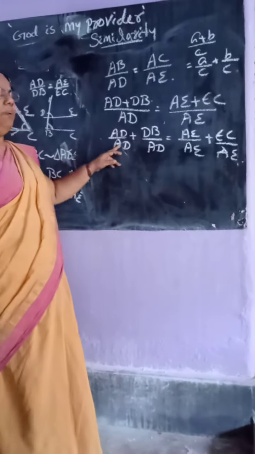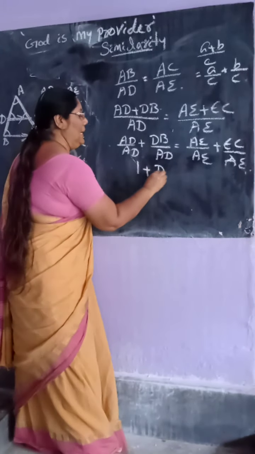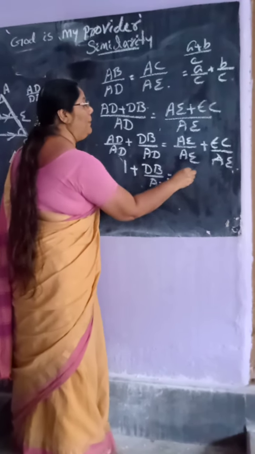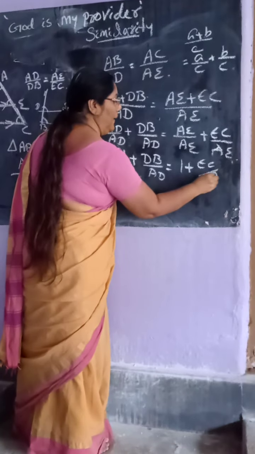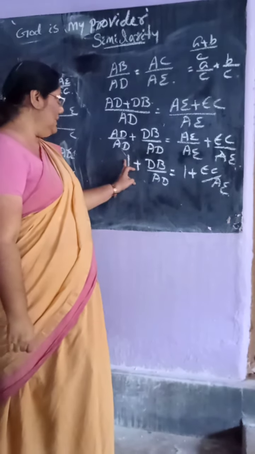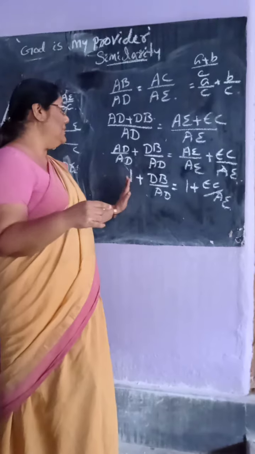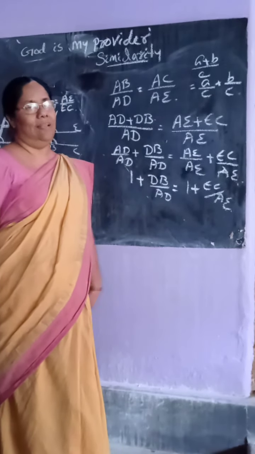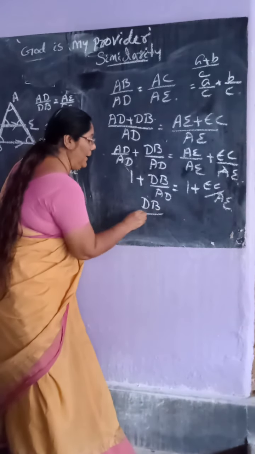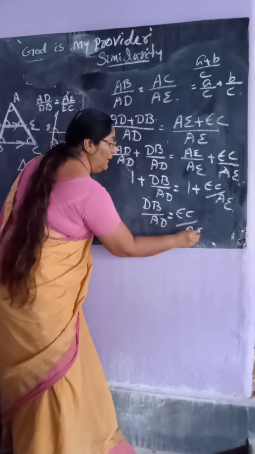Can you say what is AD by AD? 1 plus DB by AD equal to AE by AE also 1, plus EC by AE. Here from both sides you can cancel this 1 and 1. Is there any confusion? Or you move this 1 to the other side, 1 minus 1 cancels. Now that changes to DB by AD equal to EC by AE.